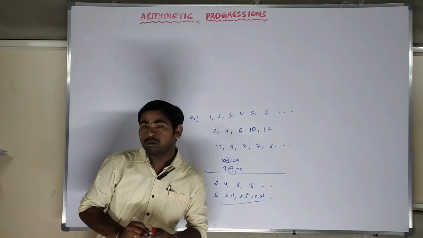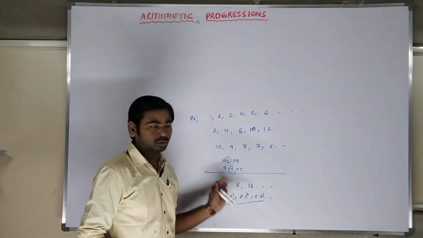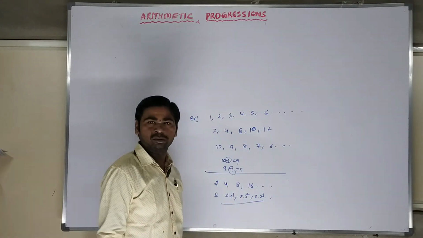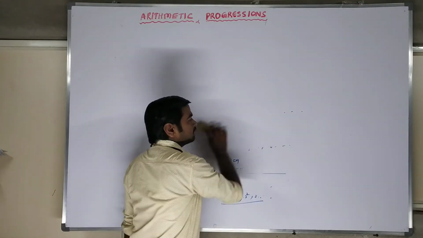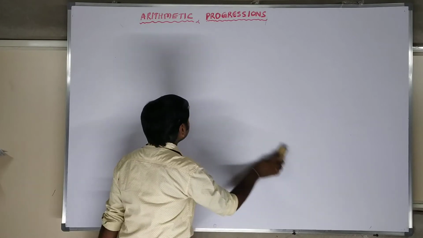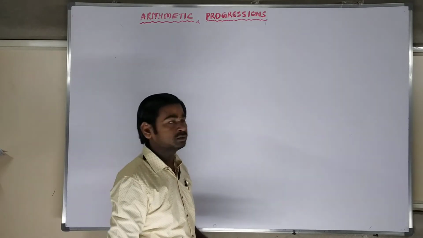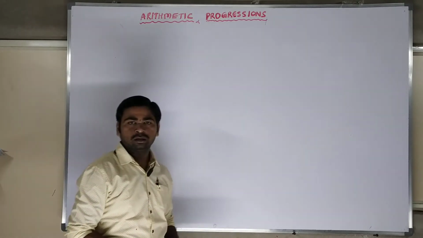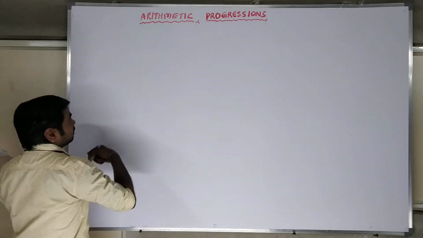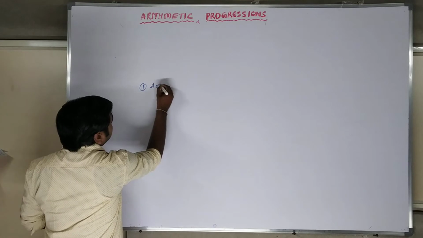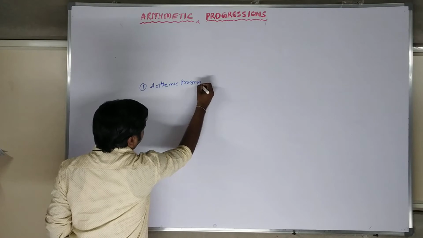So according to the type of logic we are using to generate a series, such as addition, subtraction, multiplication, division, square, sum, and so on, the progressions are named. Basically, there are a number of progressions. Among the important series we use in regular mathematical operations, we have 3 different types of progressions. Number 1 is arithmetic progression.